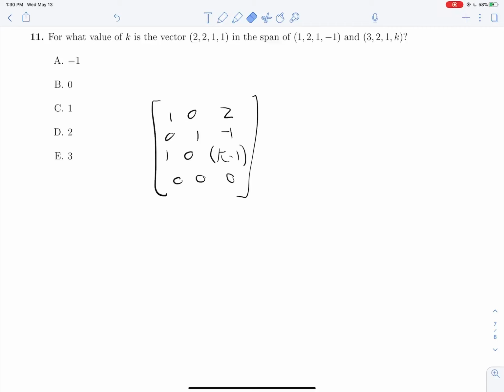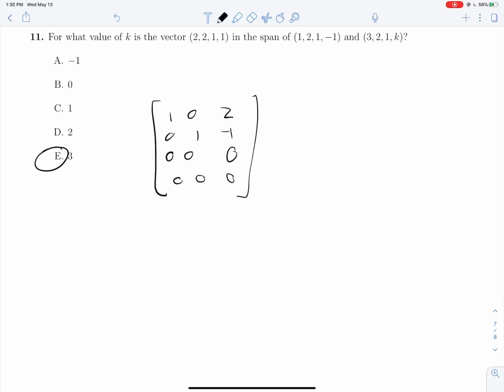So let's subtract row 1 from row 3. We get a 0 here, k minus 3. And so when will this row be all zeros? Well, when k is equal to 3. Because when k is equal to 3, we get a row of all zeros. We only have two pivots.